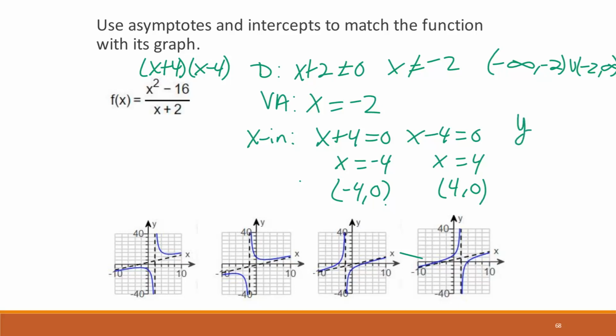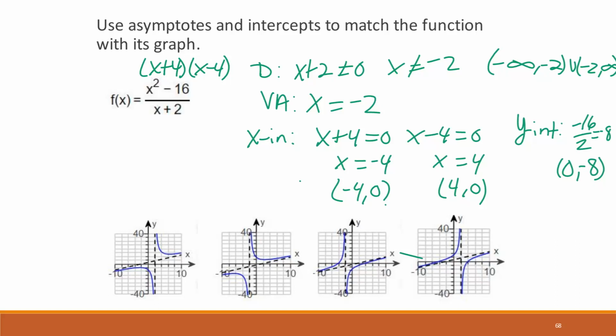Then the y-intercept we can think about. So we would have negative 16 over 2 when we take those 0 out, so negative 8. So we should have a point at 0, negative 8. So just knowing that, finally we can decide whether we have a vertical or slant.